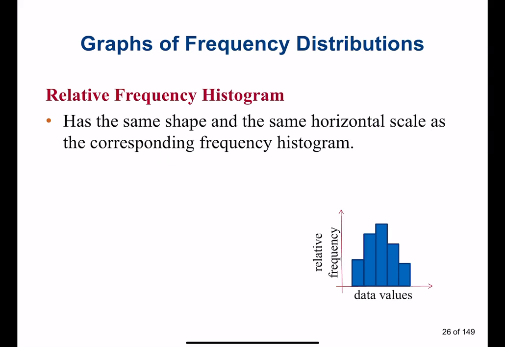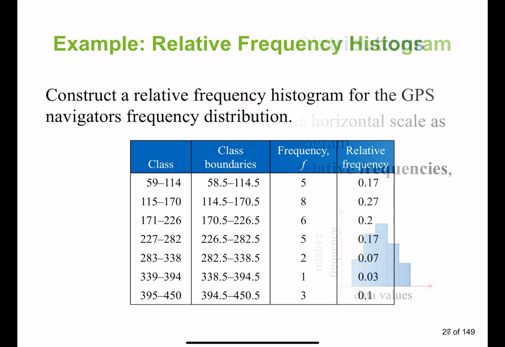The relative frequency histogram is going to show percentage-wise how much of each type of GPS was sold. The only difference between the frequency histogram and the relative frequency histogram is on the y-axis. We will have relative frequency, which means percentage, instead of the amount of frequency. So here is our relative frequency.